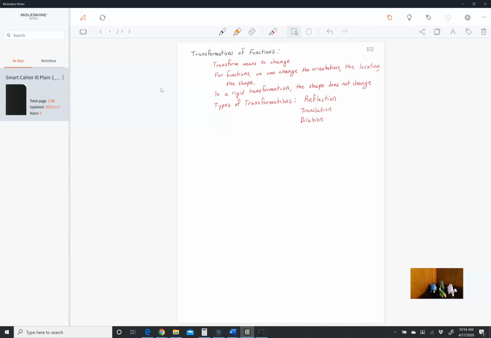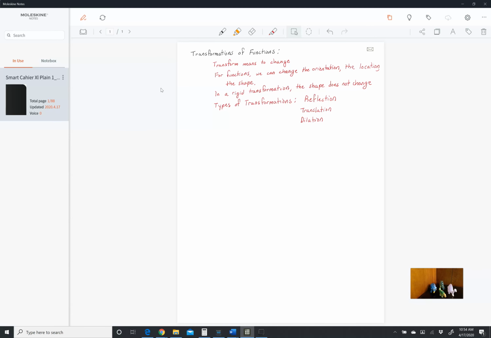So in this lecture, we're going to focus on reflection. There will be 3 videos for this unit, 1 on each type of transformation. Some of you might also be familiar with rotation. If you remember doing transformations just with points, you can also rotate. You can rotate an image, but we're not going to do rotations of functions. We're only going to do reflections, translations, and dilations.